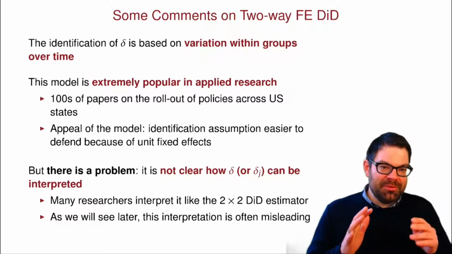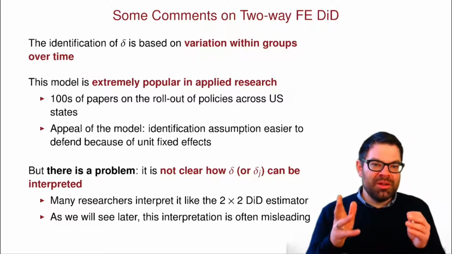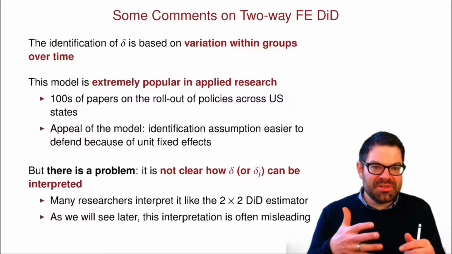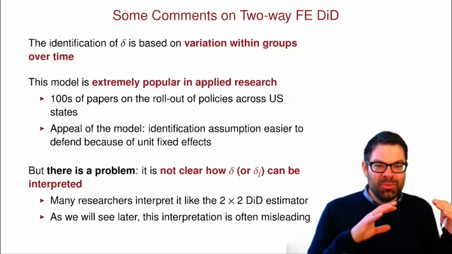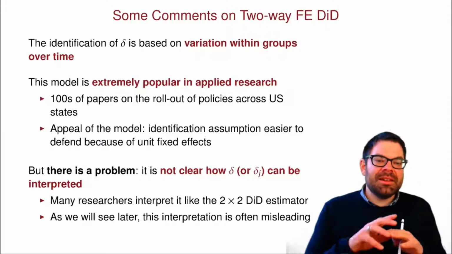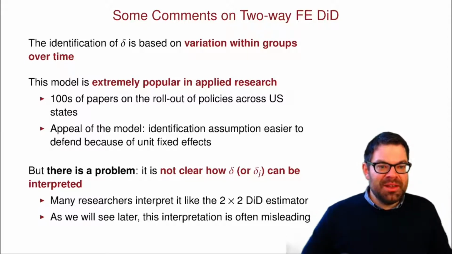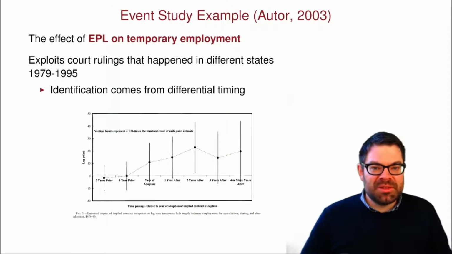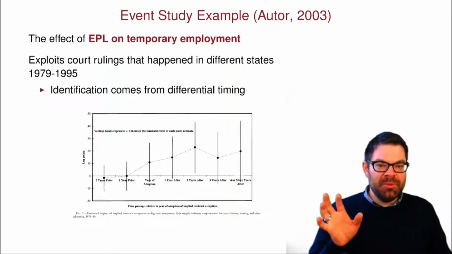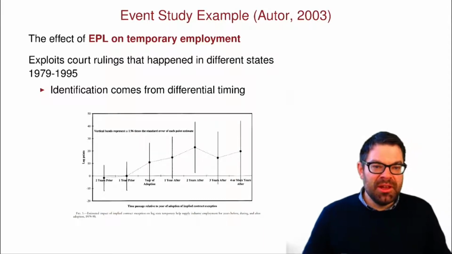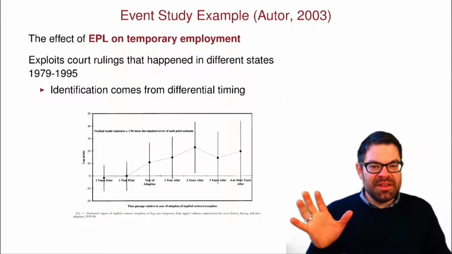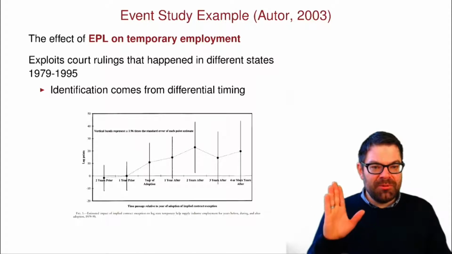So what I will do first is walk you through some examples to show you how it's currently done. And then we'll move back to theory and see what's actually behind those different estimates. There will be extra examples in an additional video, but here just the application of an event study design by David Autor.